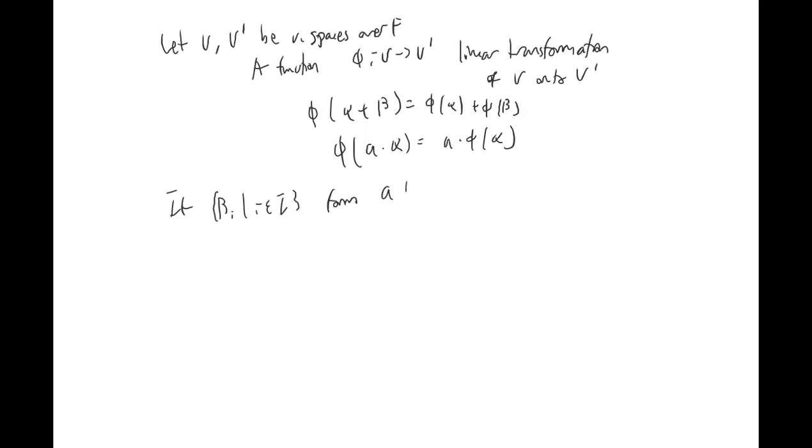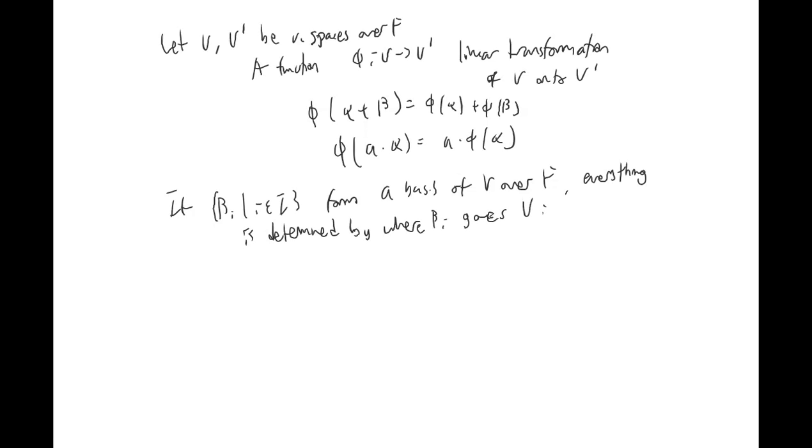Same thing here. If the set beta i forms a basis of V over F, everything is determined by where beta i goes for all i. You can see this because given alpha in V, since this is a basis for V, I could write alpha as a0 beta i0 plus, and so on, plus ak beta ik.